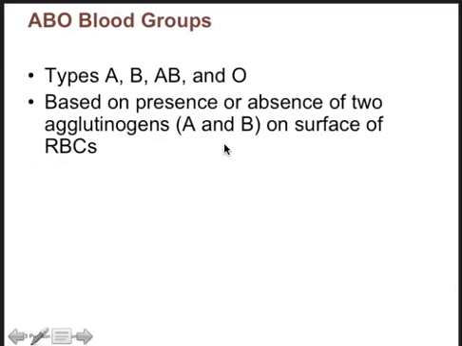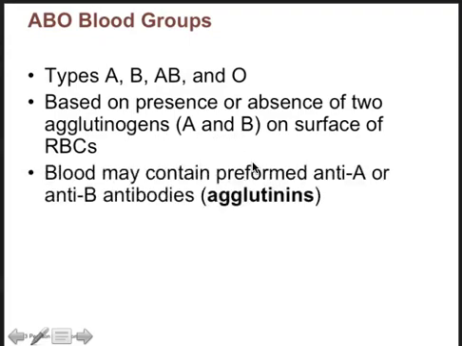It's based on the presence or absence of 2 agglutinogens, A and B, on the surfaces of red blood cells. Blood can contain preformed anti-A or anti-B antibodies known as agglutinins. An agglutinin will react with an agglutinogen to form an agglutination. So those are 3 words that you want to make sure that you have clear in your mind.